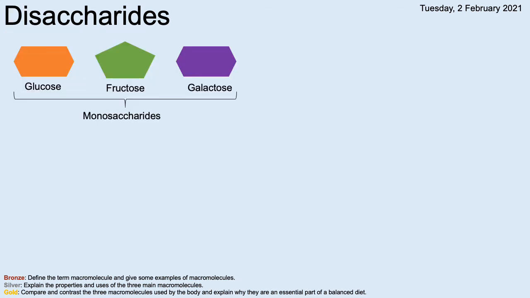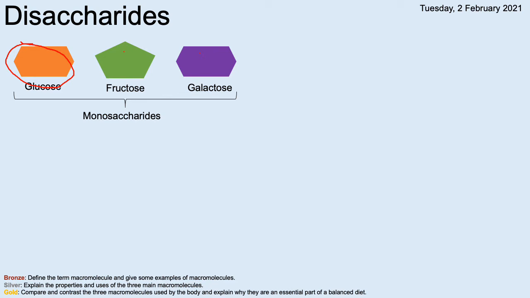So, again, we're going to come back to glucose with the orange hexagon. So these are the other two monosaccharides. We've got fructose, which is a green pentagon, and galactose, which is a purple hexagon.